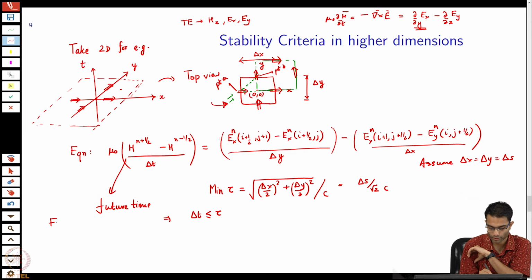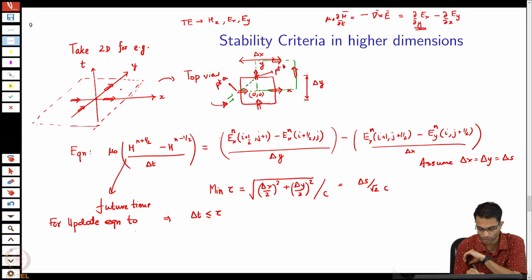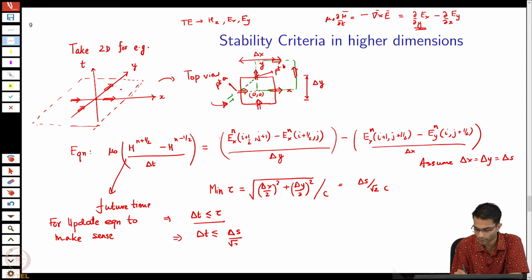And for the update equation to make sense, this delta t should be less than tau. So, it implies that delta t less than equal to delta s by square root 2 c. Okay.